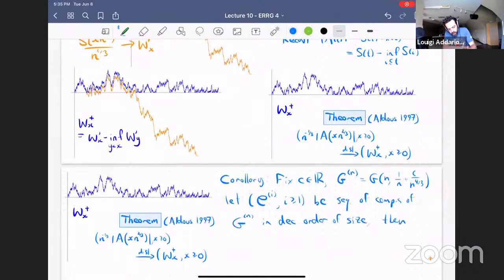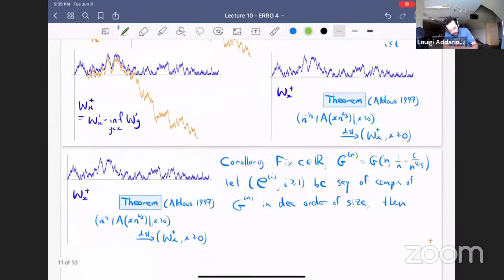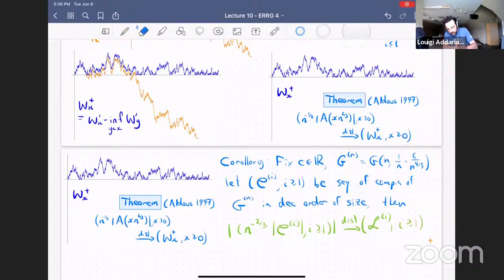then that vector of sizes, let me write that as n to the minus 2/3 times the size of C_i, for i at least 1, will converge in distribution precisely to what I'll call L_i. These are the lengths, the ranked sequence of lengths of these excursions.